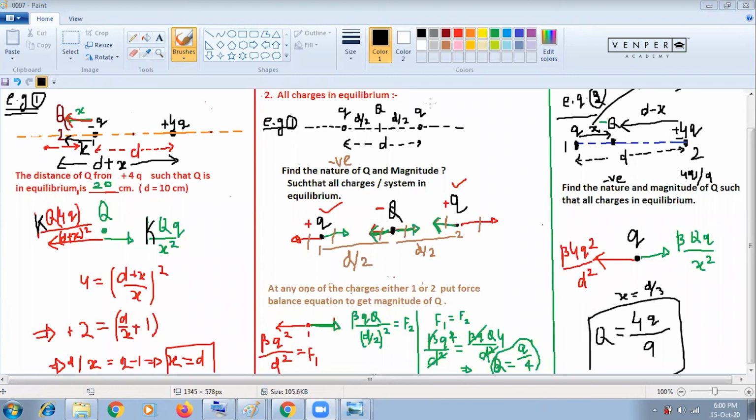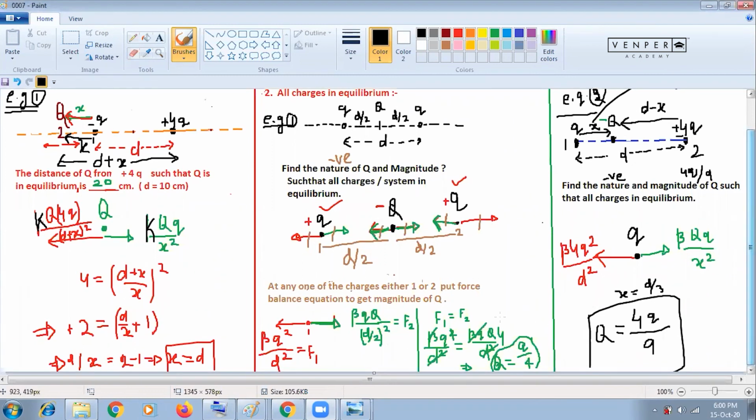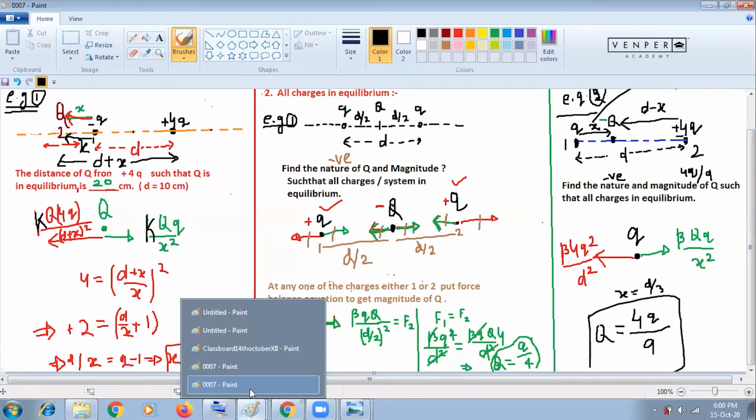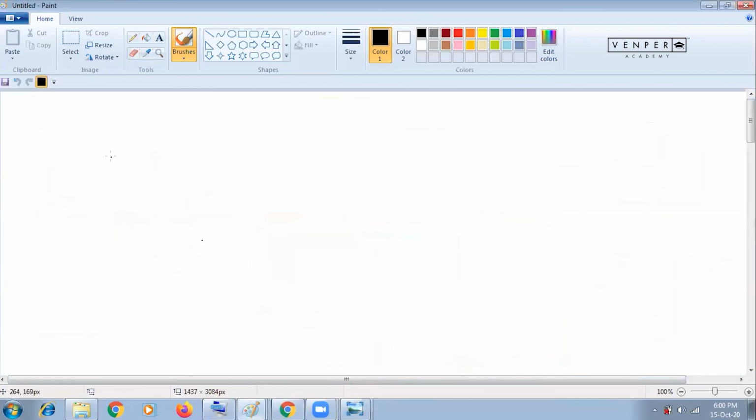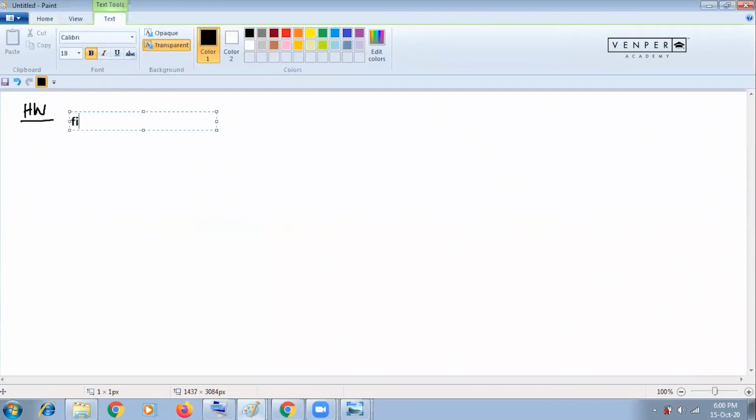And for homework, you take one question. You calculate, find the value of x such that capital Q is in equilibrium.